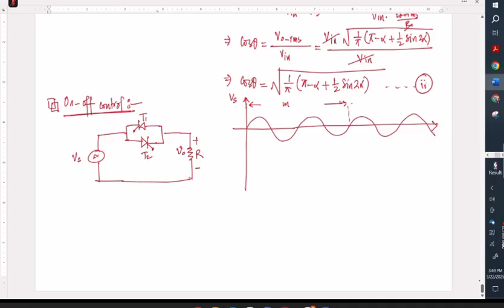And then there is another part, suppose let me take it like this, for which T1 and T2 will be turned off. So during M cycle, T1 and T2 will be on, and for N cycle, T1 and T2 will be off.